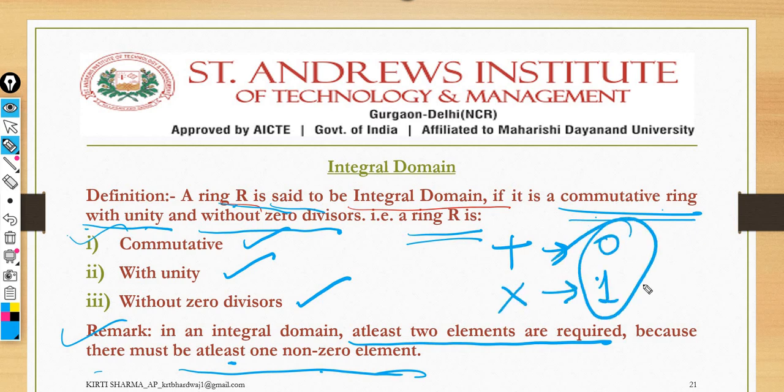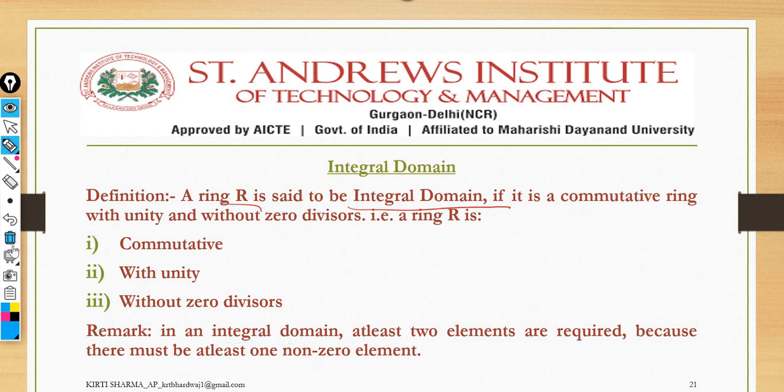That means these two elements are at least required to prove it's an integral domain, because in case of a ring we have two binary operations that we have to take, right? So in case of addition there must be the 0, and in case of multiplication there must exist the 1. So that means 0 and 1 are the two necessary elements that should be there. At least these two elements should be required in an integral domain, right? It's a remark, just to make it clear.